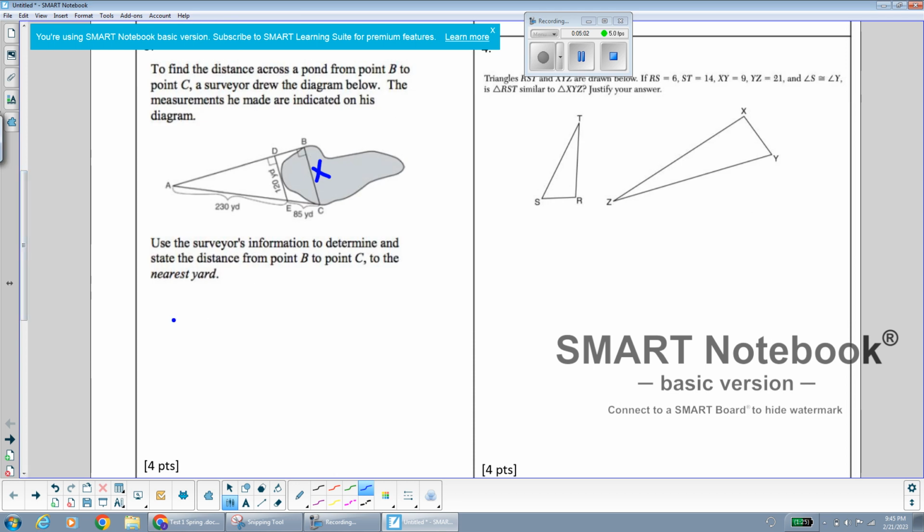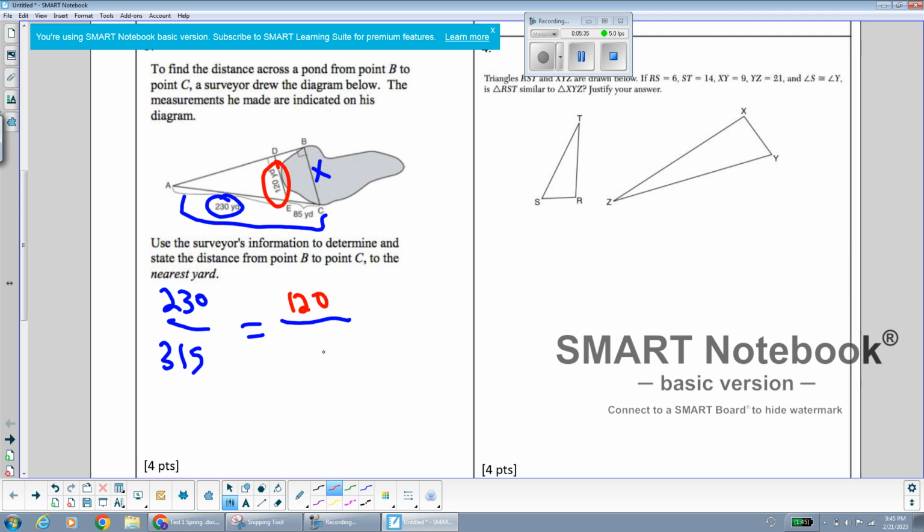So let's do it. I'm going to set it up the same way. I'm going to take a side from the small triangle over the corresponding side from the big triangle, which would be 230 plus 85, and that's 315. Be careful, some people were using 85 as the corresponding side, but 85 is not from the small or big triangle. I use small on top, so I'm going to use small on top again with the 120. And the side from the big triangle that corresponds is x, which is what I'm trying to find.